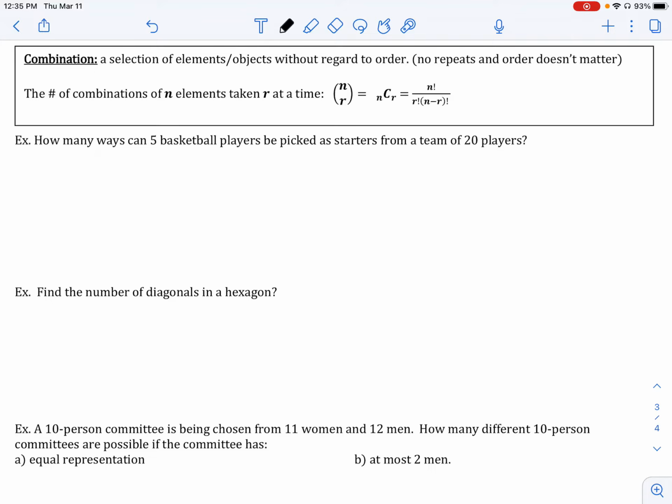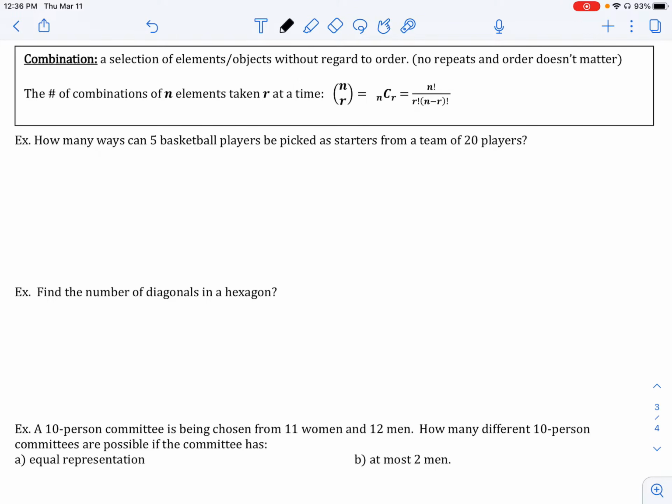So let's look at this first one. How many ways can 5 basketball players be picked as starters from a team of 20 players that are available to us? Now, this is a bit different from a permutation because unlike the officer problem, where once one player was put in a specific spot, that rules out that player from being in another officer position.